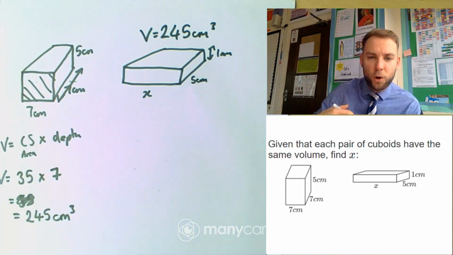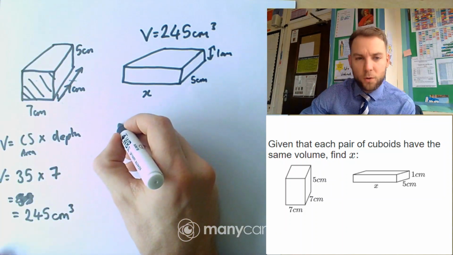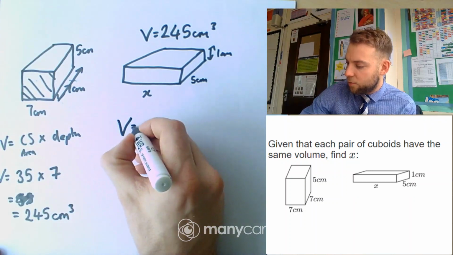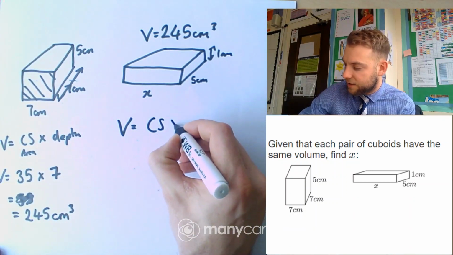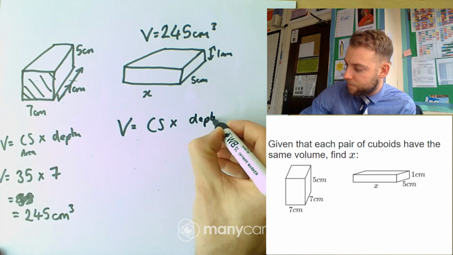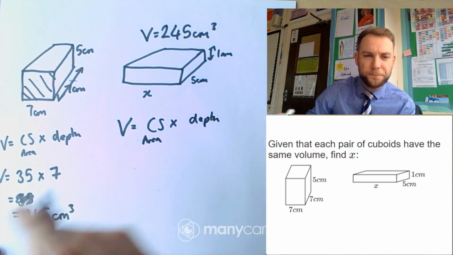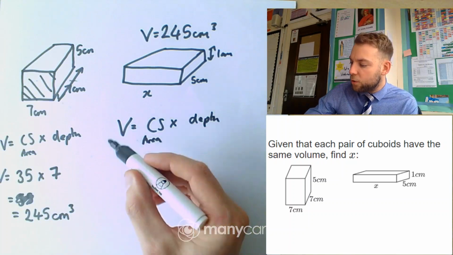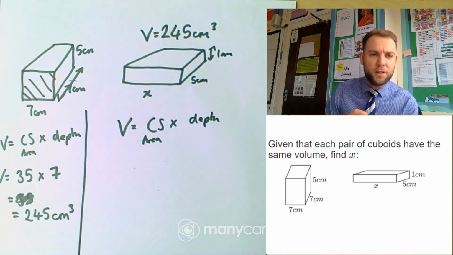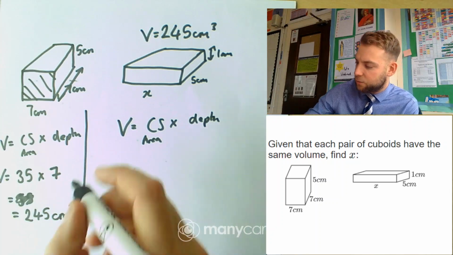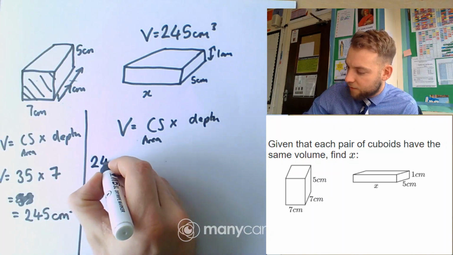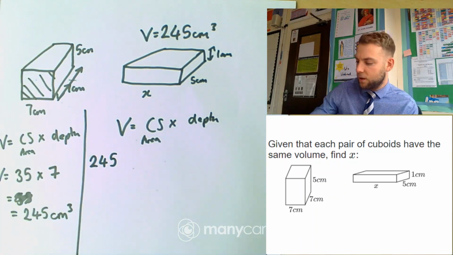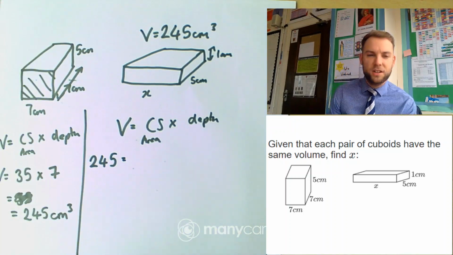Now, the last little stage of this is the working backwards part. So here we have the volume is equal to your cross-sectional area times by your depth. So, the volume of this one, I'm just going to put a line there so we know that's not part of it, is equal to 245, which is equal to my cross-sectional area.